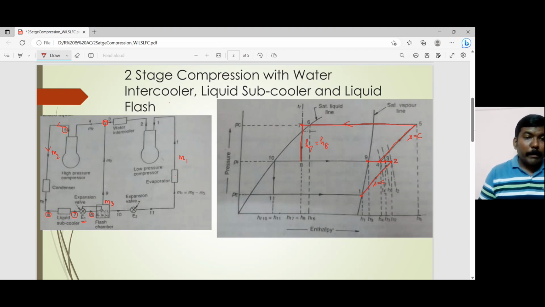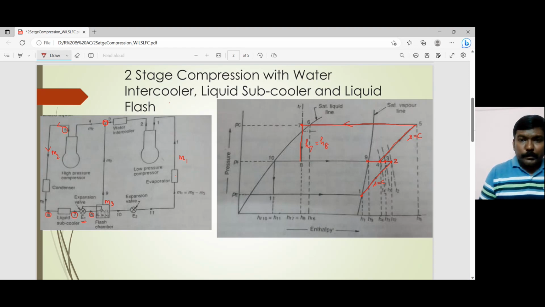So whatever vapor is generated here in the flash chamber is taken directly to the high pressure compressor. The vapor is not sent to the right hand side of the circuit. The vapor is taken back to the high pressure compressor.